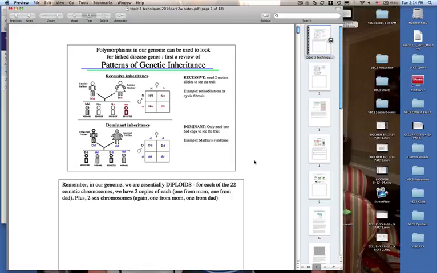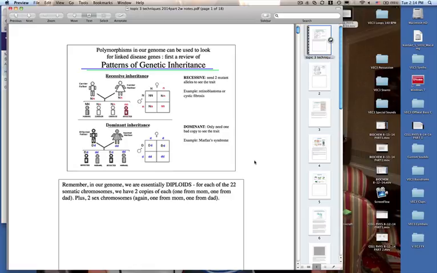First of all, we need to do a quick and dirty remembrance of our genetic inheritance patterns. You guys should have all seen this at some point in your lives, hopefully in a genetics class, but certainly somewhere you've seen these little Punnett squares, as we call them, right? So we're going to remember there are 2 patterns, well, 3 patterns of genetic inheritance.